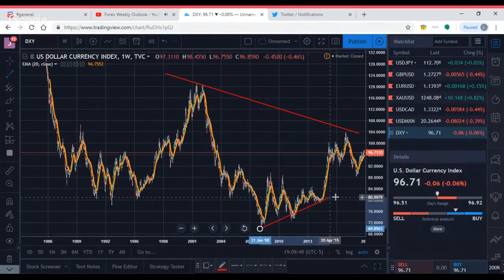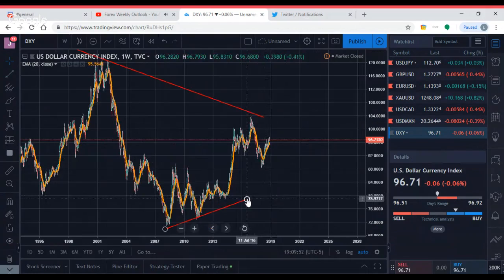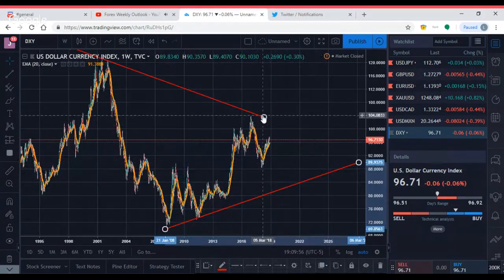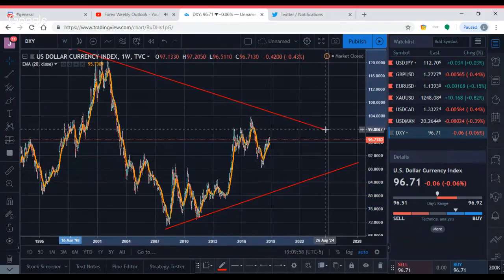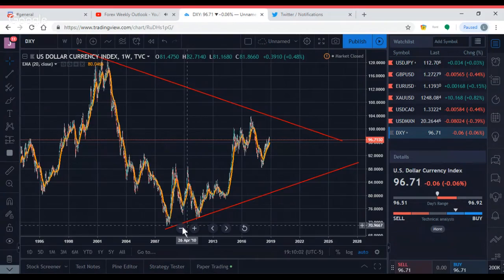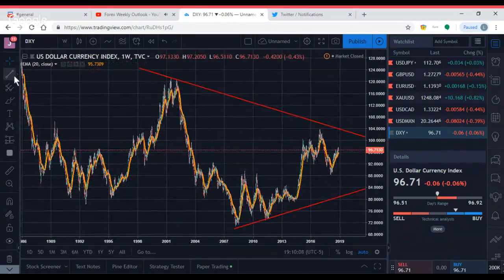So grounding off that bottom. And this is the weekly chart now.